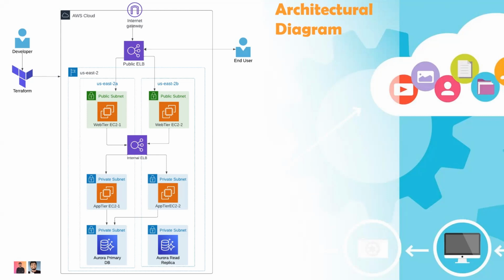In this architecture, the developer pushes the code to Terraform, like a Terraform script. After that, behind the scenes, everything is provisioned automatically, every resource in the AWS cloud: EC2 instances, load balancing, RDS database, S3 buckets, user profiles, credentials, everything.